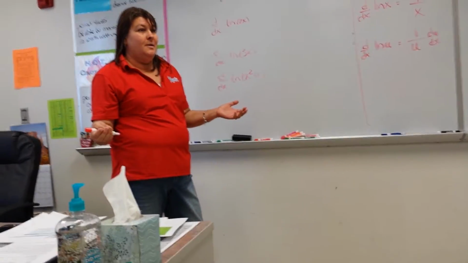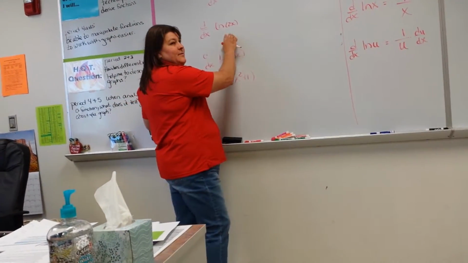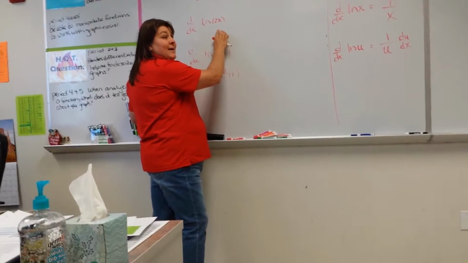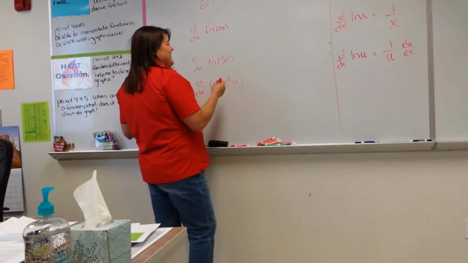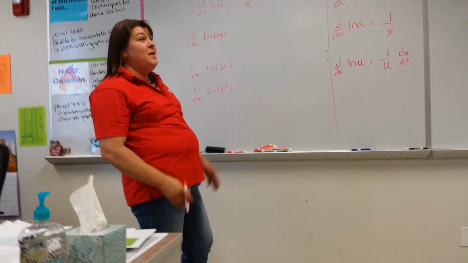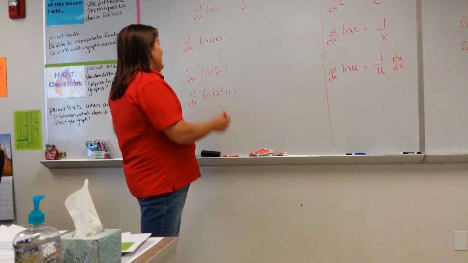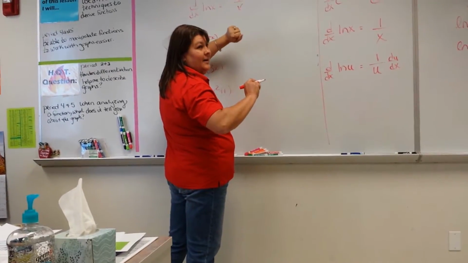Would the u be the 2x or just the 2? Correct. So what would the derivative of this be? 2x. Okay, how do I take the derivative of ln of x? I take 1 over x, done, right?